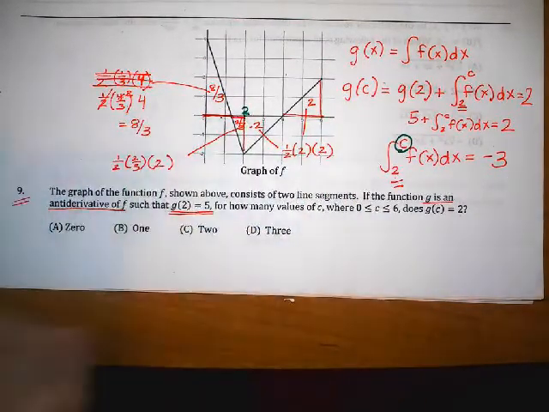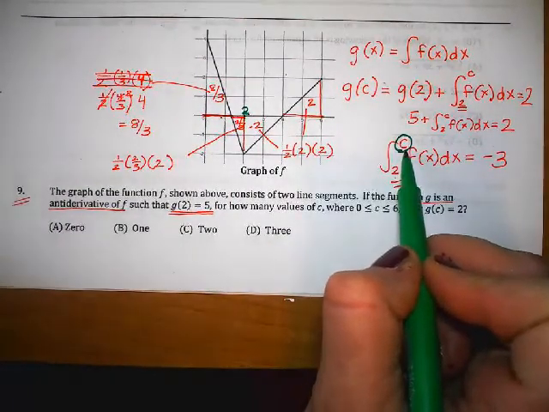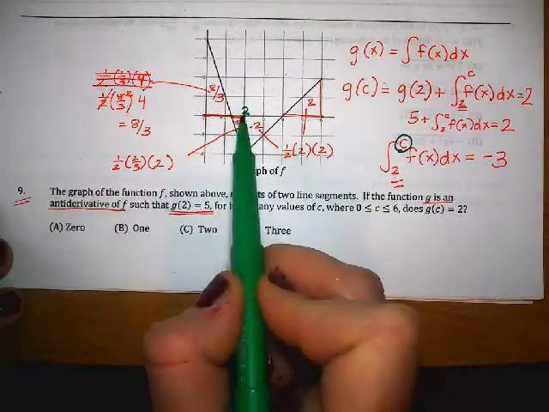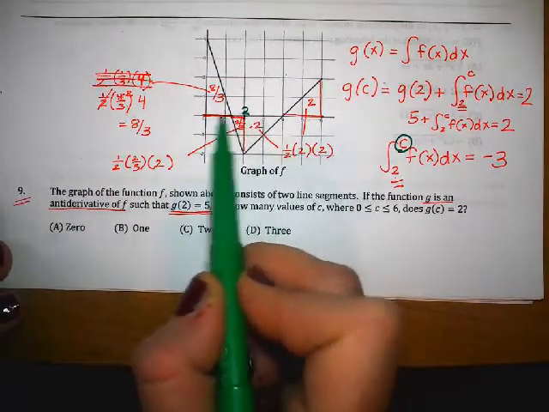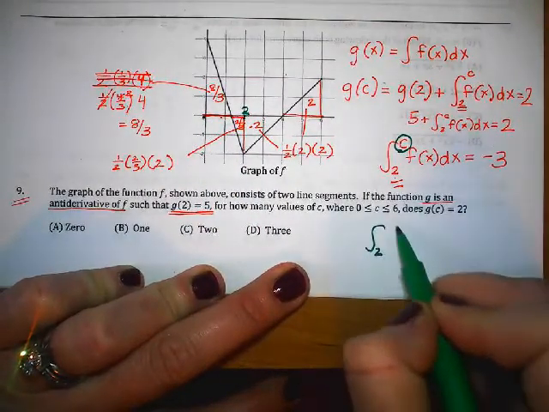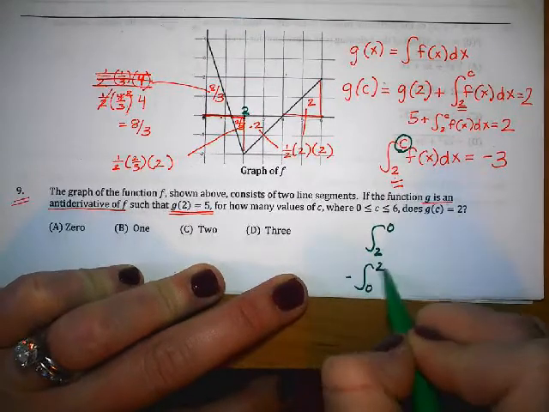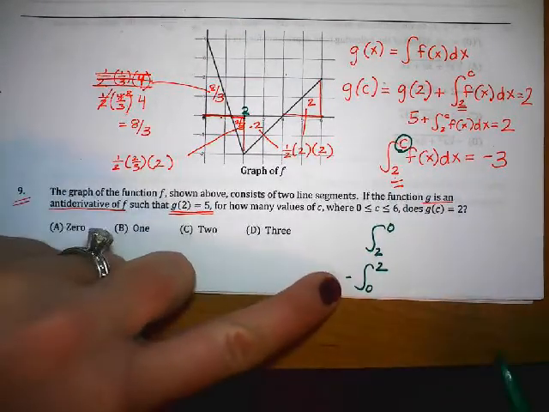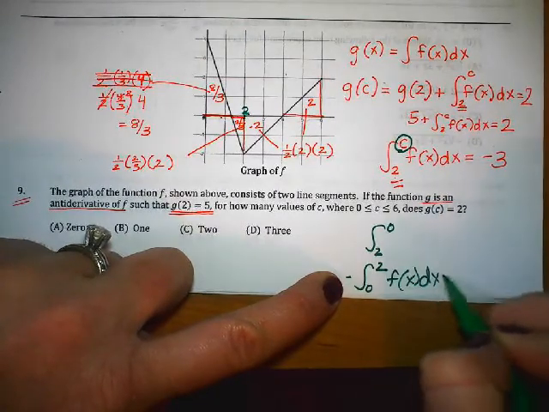Now let's see what would happen if we worked backwards. Let's say that this c value was something that was smaller than 2. So if I integrated from 2 to 0, remember we like to switch that so that the smaller number's on the bottom and we simply put a negative out front. Let's see what we would get in this case.